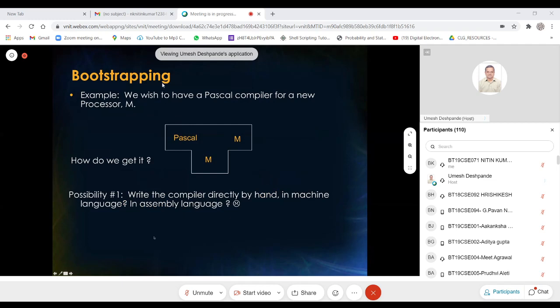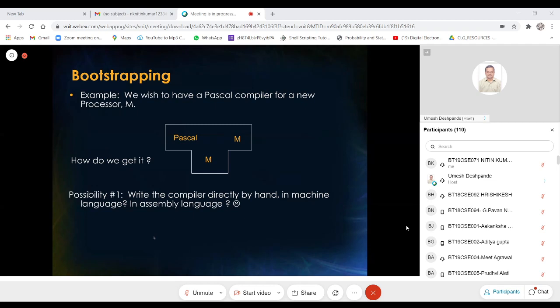So let's say we now want to develop a compiler for some language. Let's assume the language for which we want to develop a compiler is Pascal, and we want to design the compiler so that it produces executable code which can run on this processor.